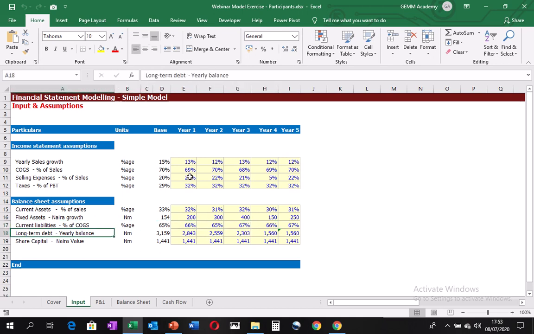Then long-term debt is a yearly balance, so this will be the balance at the end of the year in the balance sheet. Then we've got the share capital, the Naira value, so this will be the Naira value of our share capital in the balance sheet. These are the assumptions that will drive our model, so this is the input to the model, the inputs and assumptions.